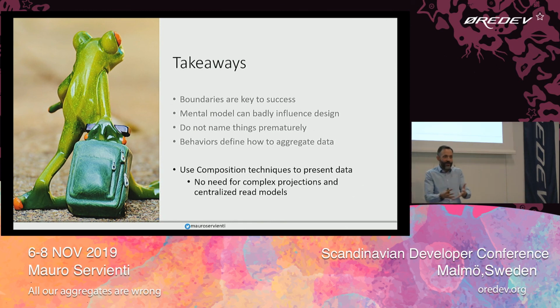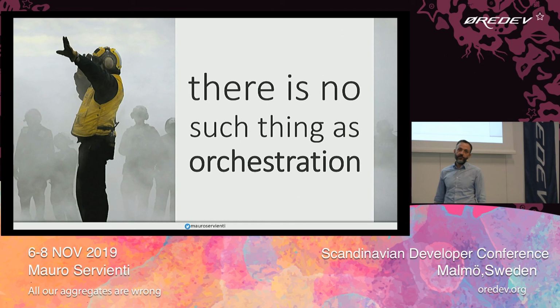So that's the key of eliminating that cache thing that is, again, a kind of monolith that sits like the elephant in the room. Okay? The last bit is there is no such thing as orchestration. So you never need orchestration. If it is an event-driven system, events should suffice.